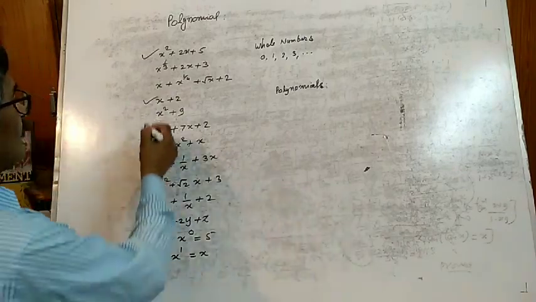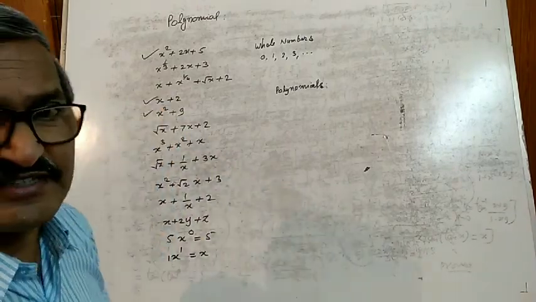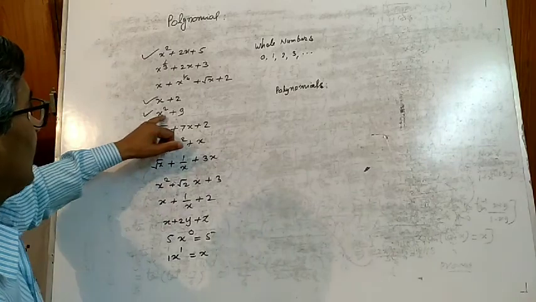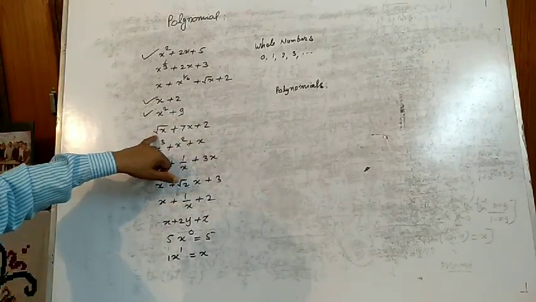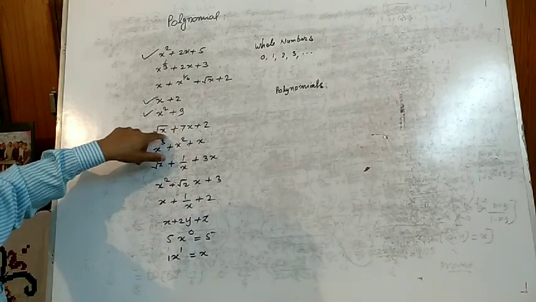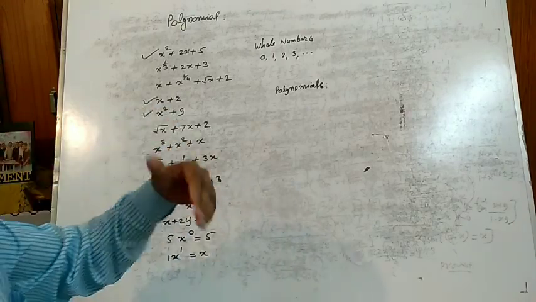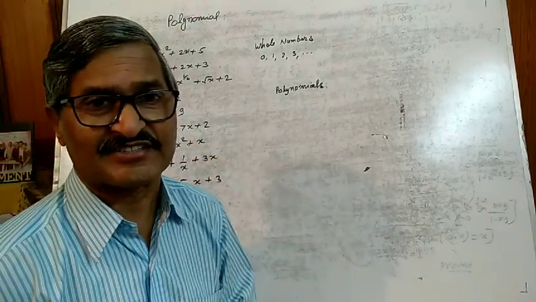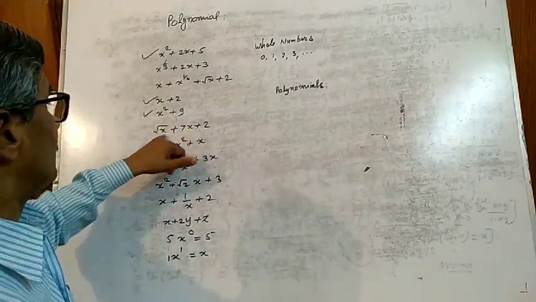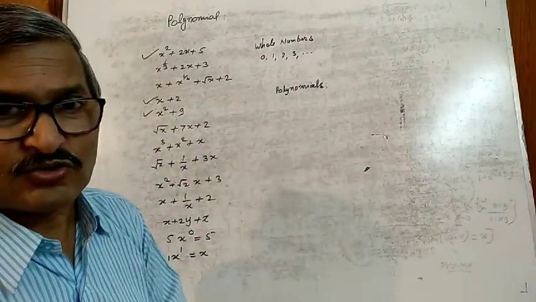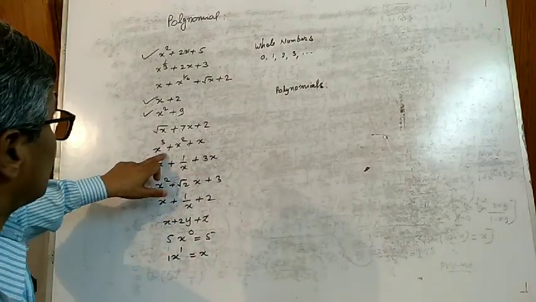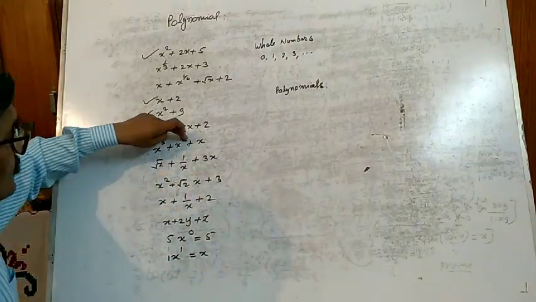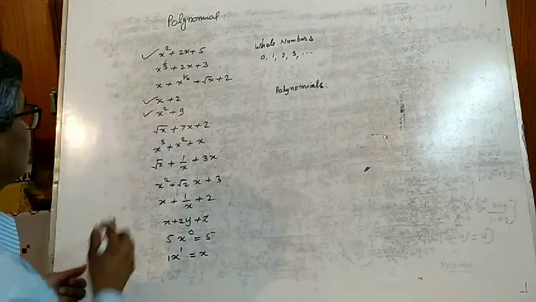Here also x square plus 9 is a polynomial because x power 2 and here x power 0. Here again under root x means x power 1 by 2, that is a fraction, so this is not a whole number. Exponent of the x is not a whole number in the first term, so this is not a polynomial. Here again we find that 3, 2 and 1, so this is a polynomial.